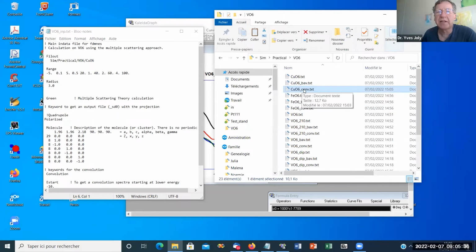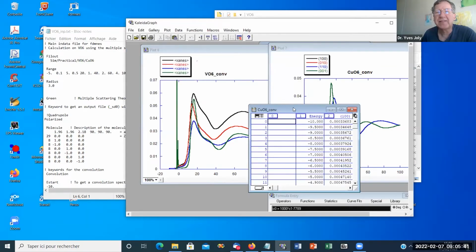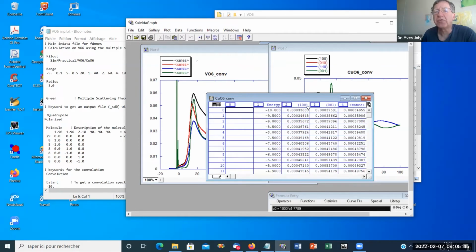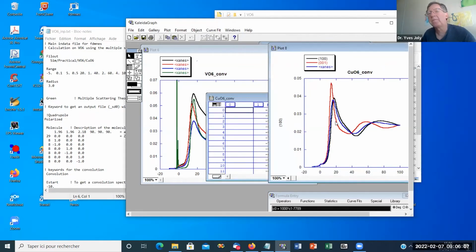Output are here. I have not changed the name. You can see that the code has detected that you have 2 non-equivalent directions, X and Z, and Y would be the same. And here you have the average with a good weight, 2/3 for this one and 1/3 for this one. And if you plot, indeed, you have the same as before. So here you have all your explanation.